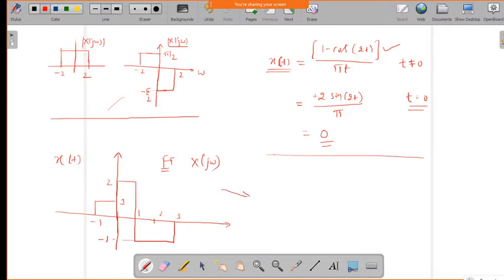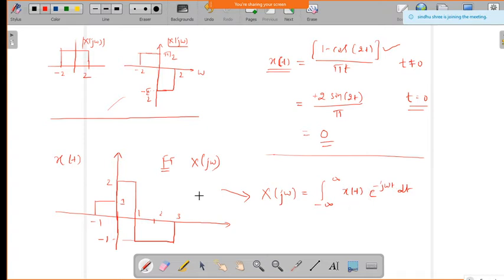So how will we find it? Take the equation X of j omega equals the integral from minus infinity to plus infinity of x of t into e power minus j omega t dt.